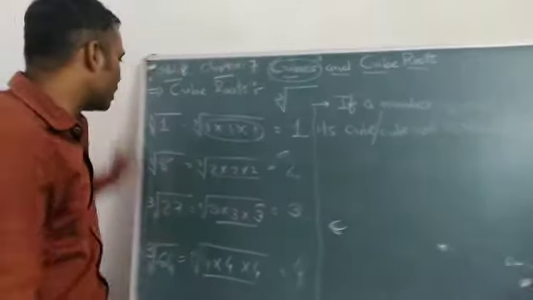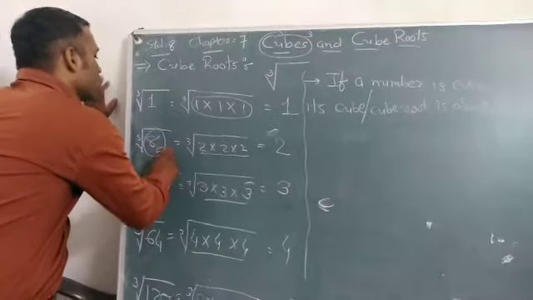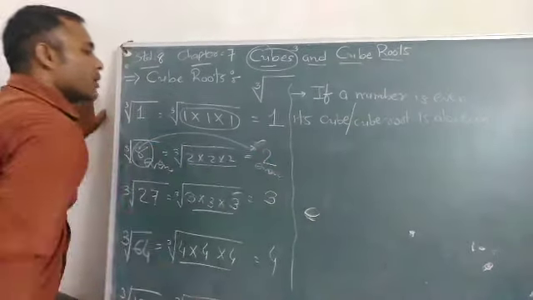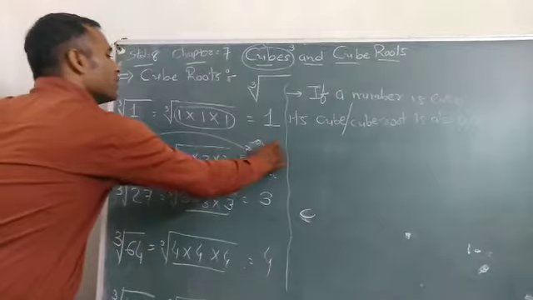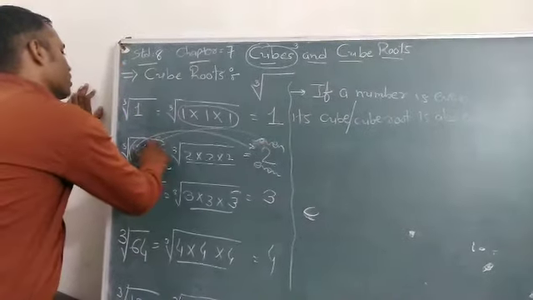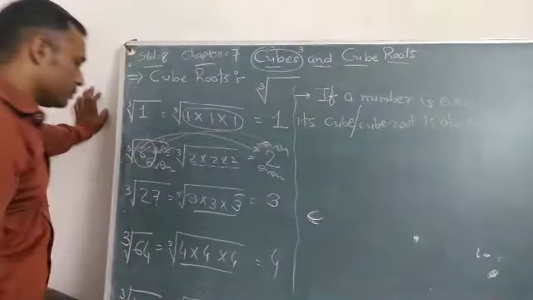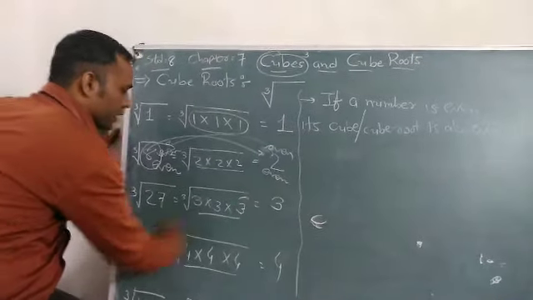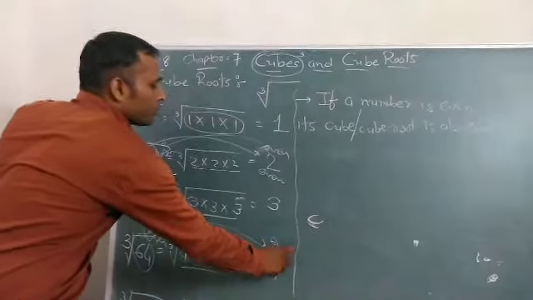Suppose we take an example. 2 is even, its cube is 8, also even. 64 is even, its cube root 4 is also even.